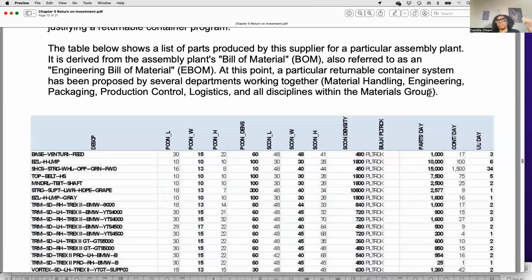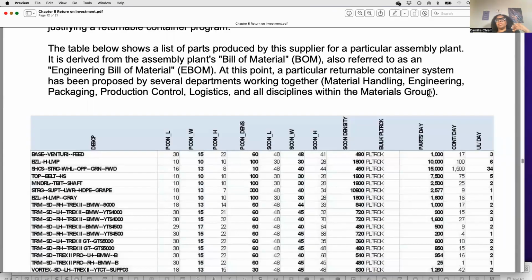And then you've got production control. You might also hear it called master scheduling or schedulers. They're the ones following to see, are we getting enough parts in? Are we getting the right parts in? Are they coming to us in time from the right supplier? That kind of thing.